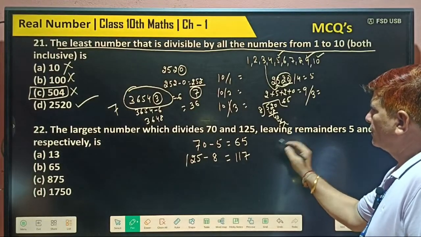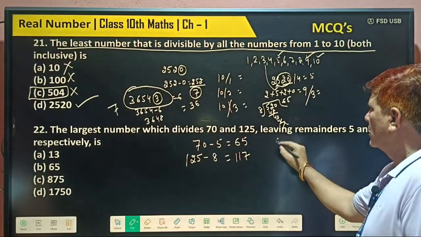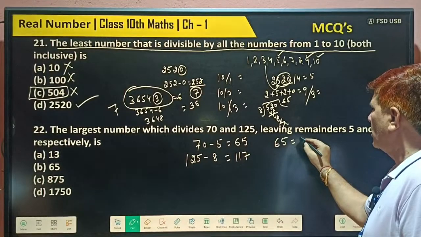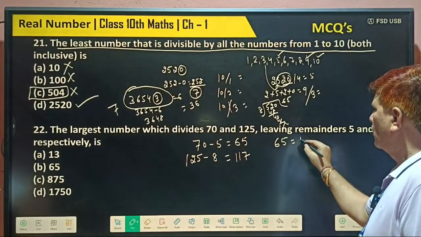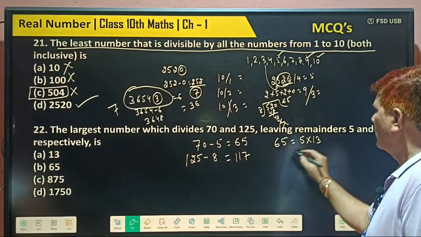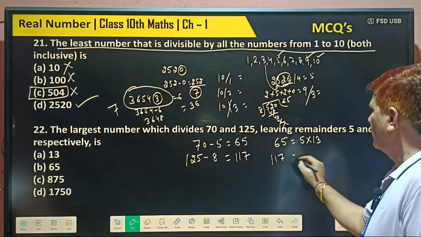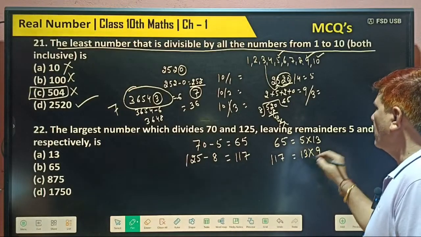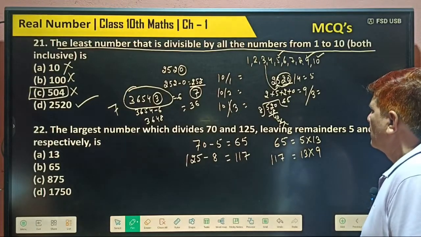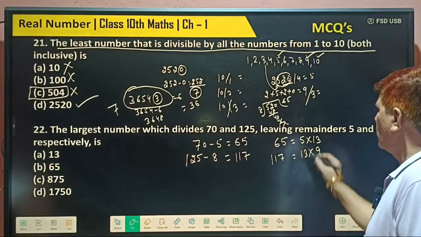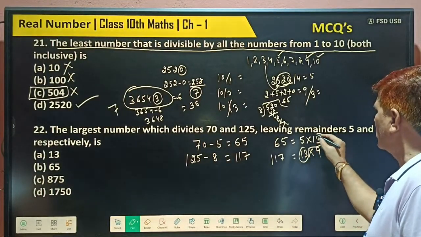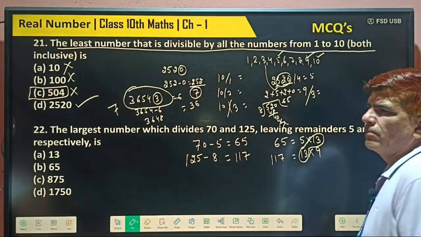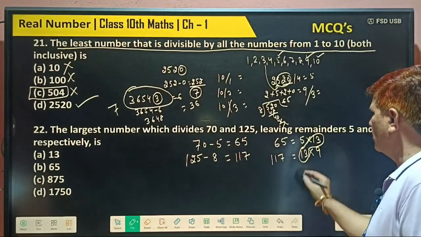So what's coming? 65 is equal to 5 into 13, and 117 is 13 into 9. Both are divisible by this number, the common factor. The number is 13.